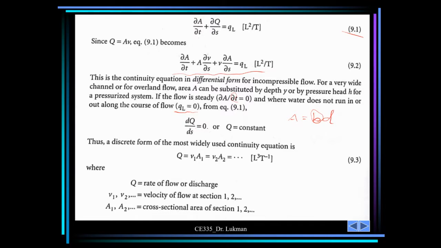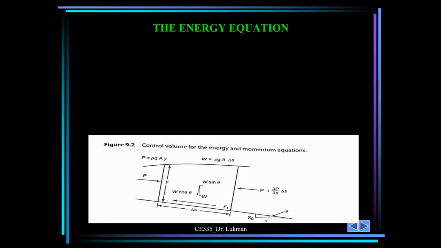The dQ/dS becomes 0 because Q equals constant, and thus in discrete terms, if it is constant, we have Q equal to AV, which means A1 V1 equals A2 V2. But this is a special case for steady flow, in which the flow properties don't change with time. V is the velocity at two sections, and A is the cross-sectional area at two sections.